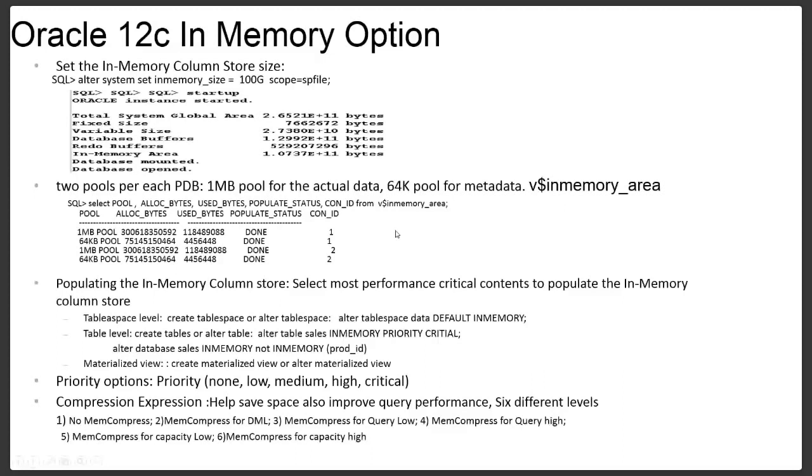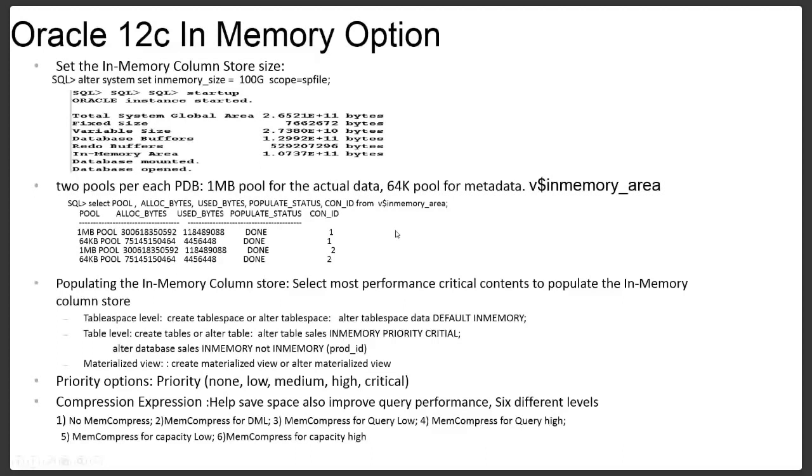Because if you're running a mixed workload, chances are you may have an Oracle OLTP application running against the buffer cache that could bring some new, fresh data. So the Oracle background process will automatically synchronize the two memory areas, so that the data in memory will be almost the same as the buffer cache.